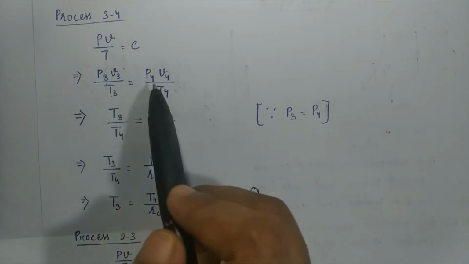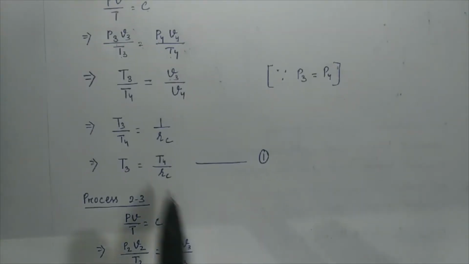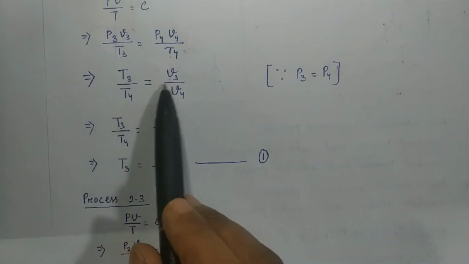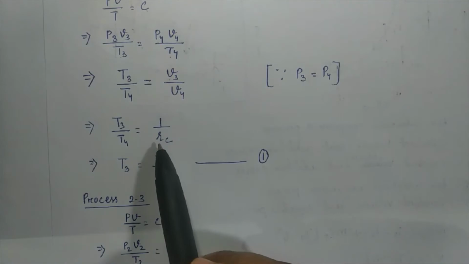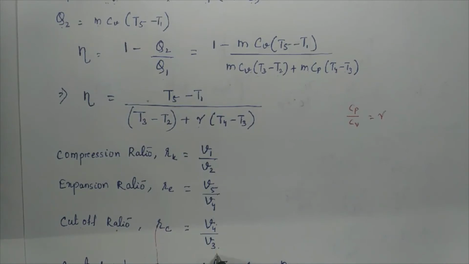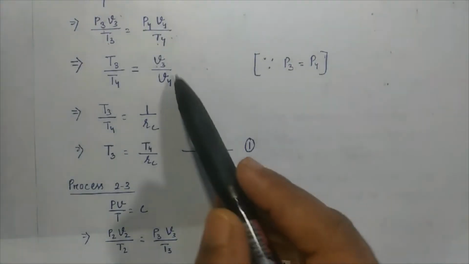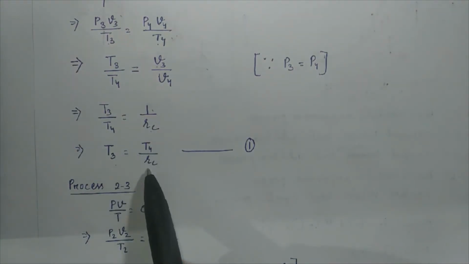As P3 is equal to P4 for a constant pressure process, the expression is T3 by T4 equal to V3 by V4. But we know that the cutoff ratio is V4 by V3. So V3 by V4 is 1 by Rc, so T3 equal to T4 by Rc.